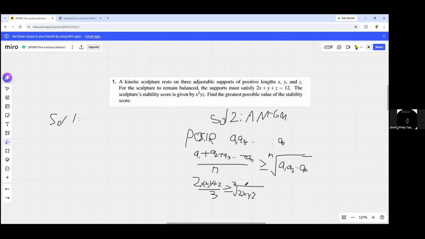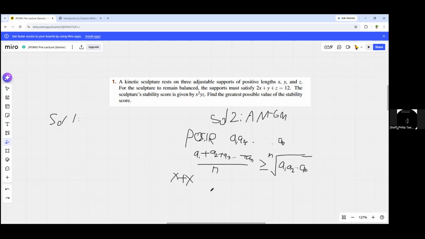Yes, Andrew. We split the 2x into x plus x. Why? So that we can treat those x terms as separate in our arithmetic mean, so that our geometric mean yields x squared instead of x, because now there are two x's instead of one 2x.